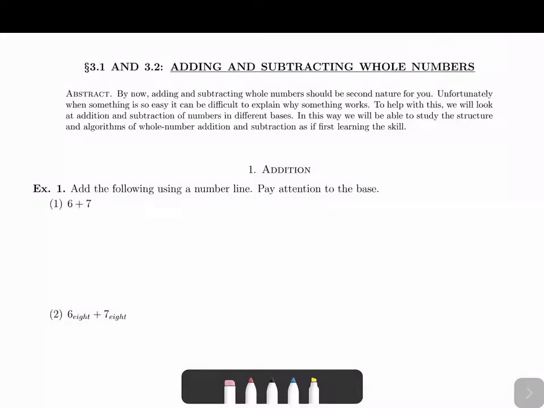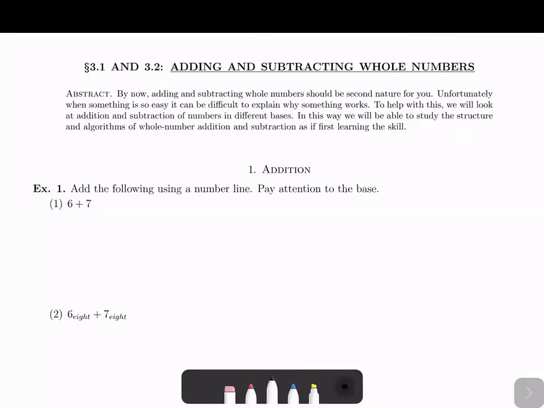In section 3.1, the first part of it talks about using different models to add whole numbers. One of those models is a number line, and we're going to do examples of that. The first thing whenever you're adding whole numbers using a number line is to draw the number line.